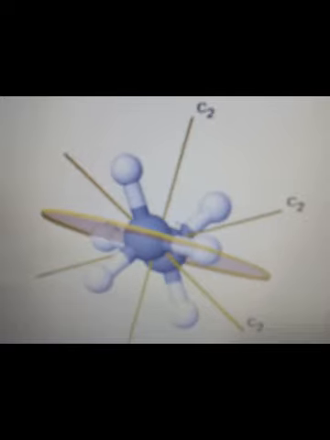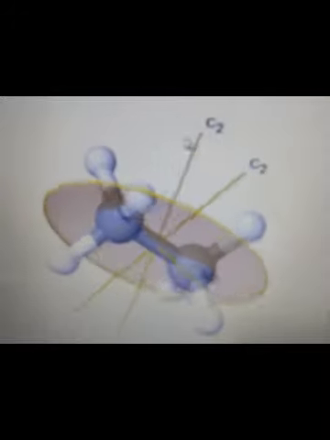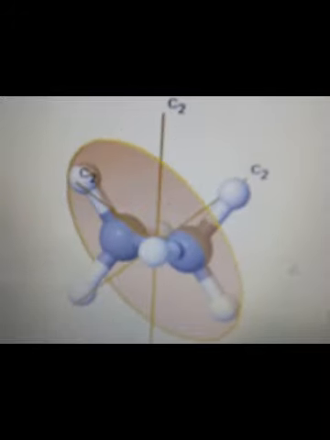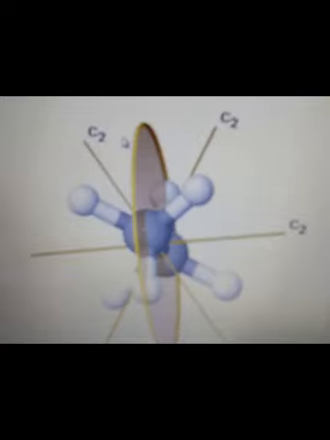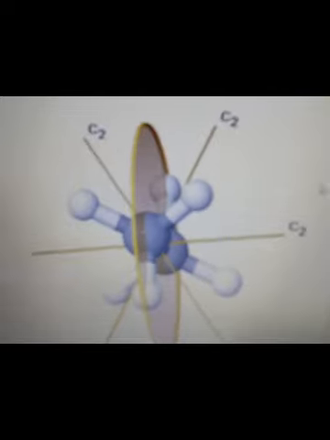Now this sigma d is passing along the principal axis of symmetry, right? And it is bisecting two C2s. You can see in this way, that is this C2 and this C2 are bisected, and it's passing along the principal axis. Therefore, we say it has a sigma d. Likewise, it has two other sigma d's, which are also bisecting the C2s.